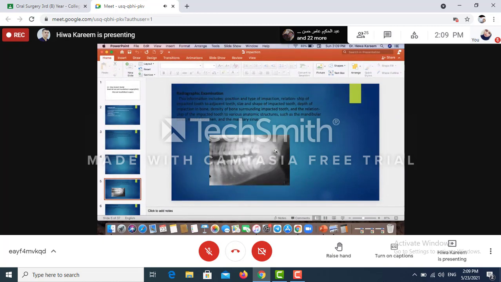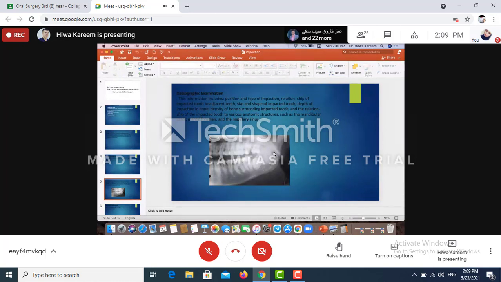In the mandible, especially, we have the mandibular canal and the inferior alveolar nerve. This anatomical structure is very important and you must take care not to injure this nerve during extraction of the third molar.